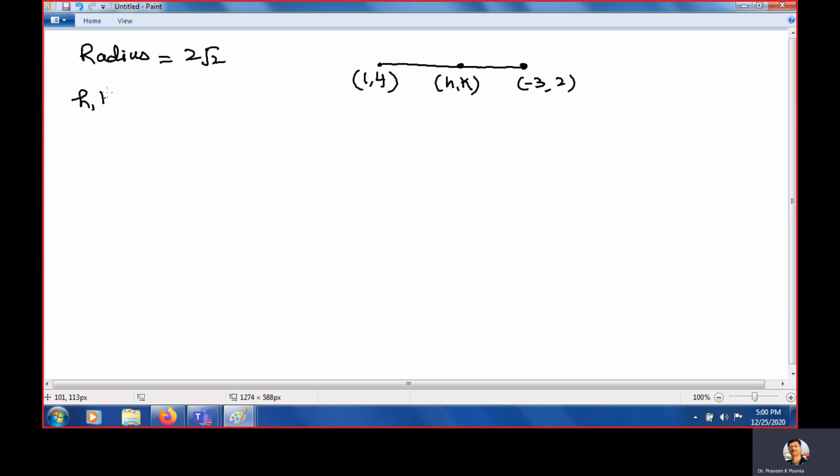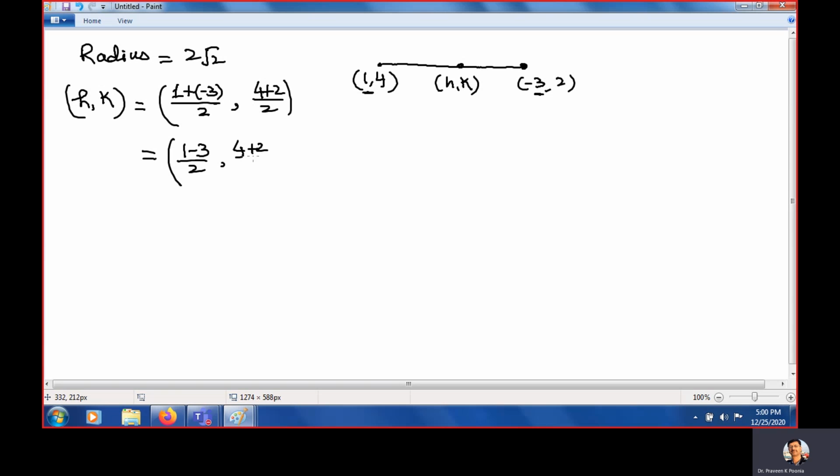So h, k will be equal to the average of the x values, 1 plus minus 3 upon 2, comma, and 4 plus 2 upon 2. Because you are finding the middle point, so average. 1 minus 3 is minus 2 upon 2, and 6 upon 2. So it is minus 1 and it is 3.